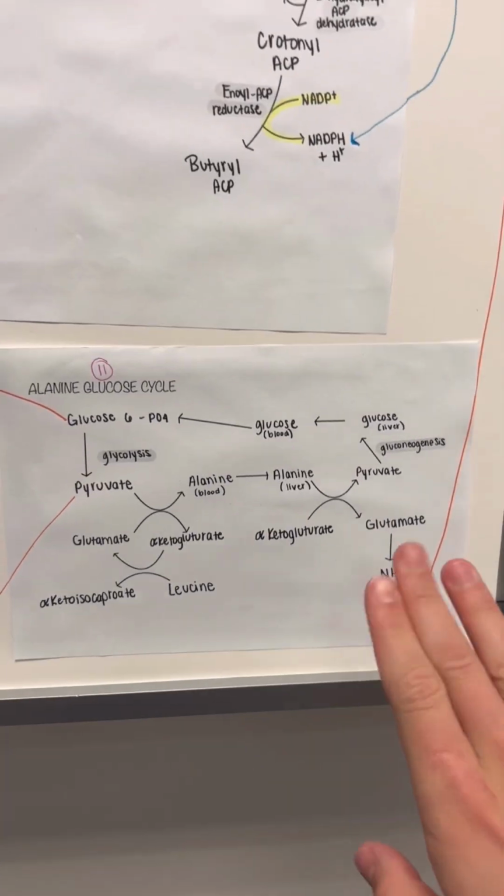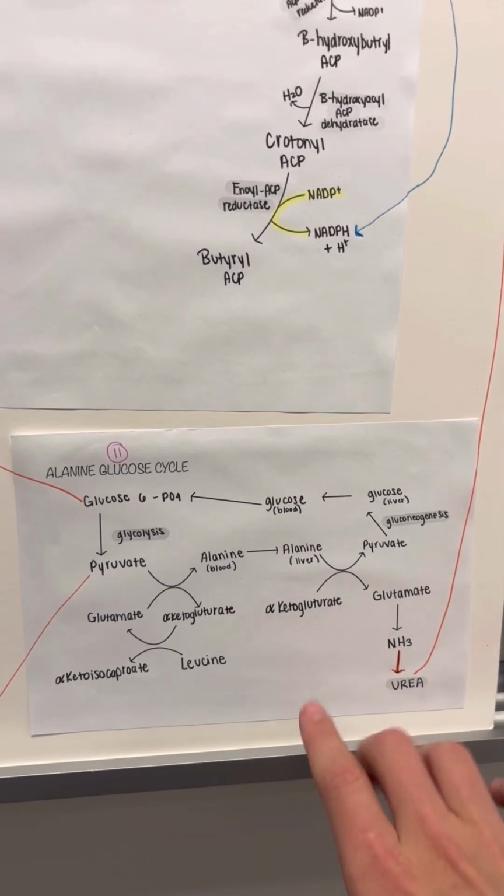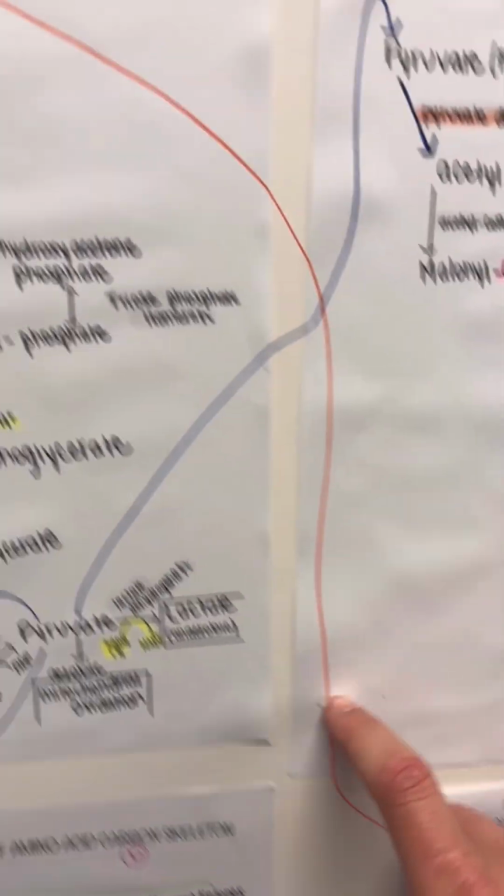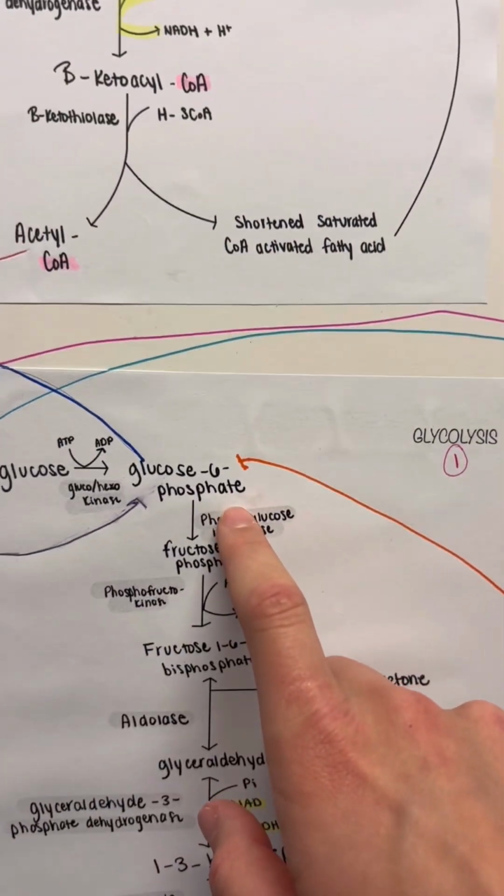So next we're going to talk about the alanine glucose cycle, and we're going to start here with this glucose 6-phosphate and follow it up to the glucose 6-phosphate in glycolysis.